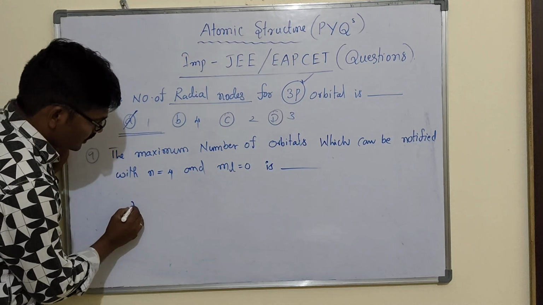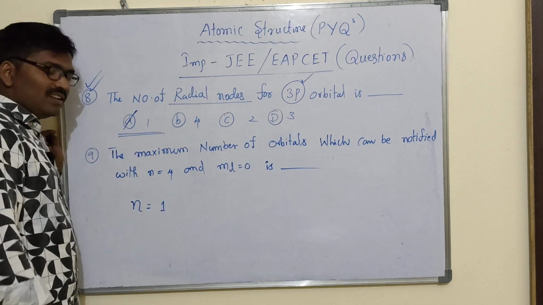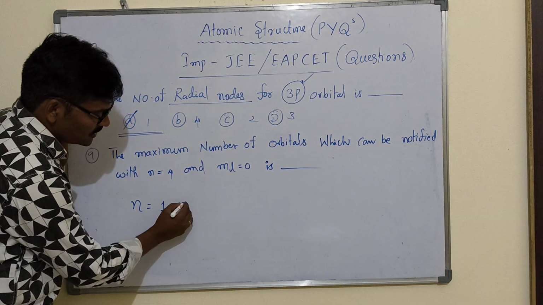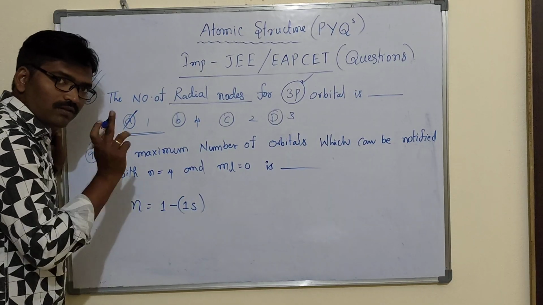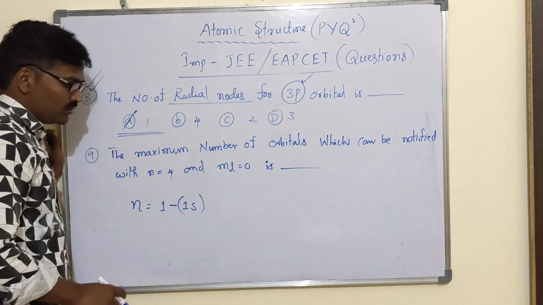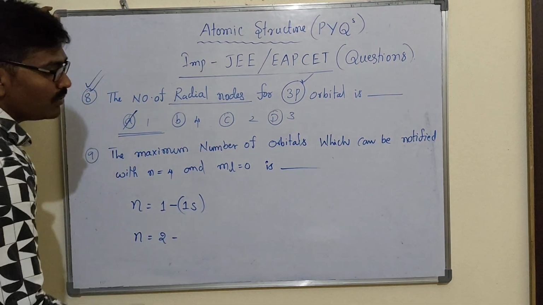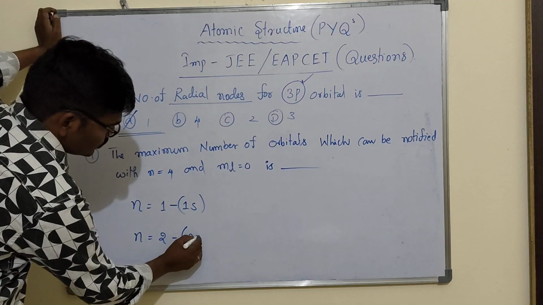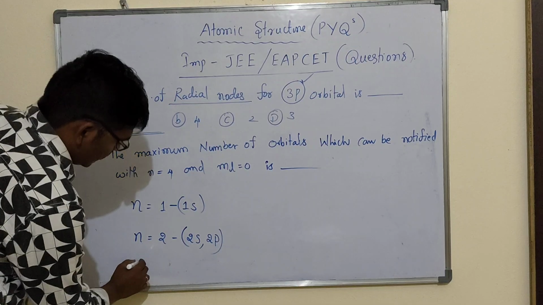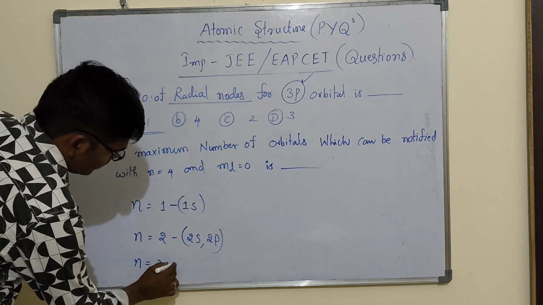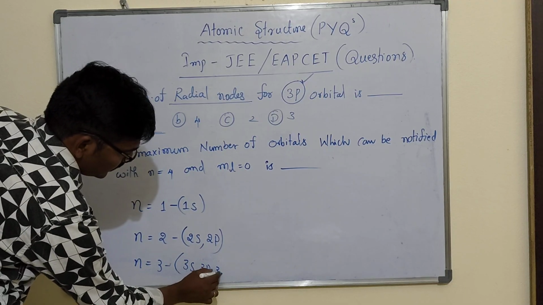Remember, when n equals 1, only one orbital is present, that is the 1s orbital, the first shell. Then n equals 2, there are 2 orbitals, 2s and 2p. Then n equals 3, 3s, 3p, 3d.